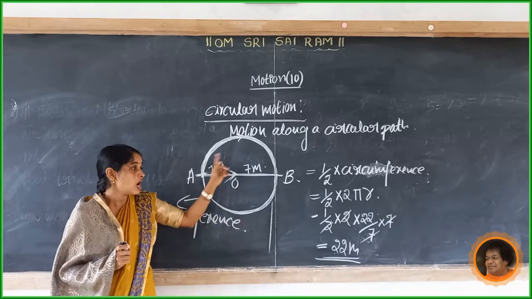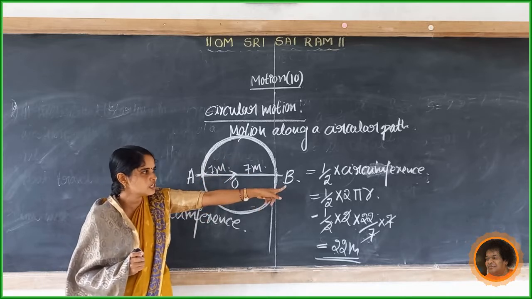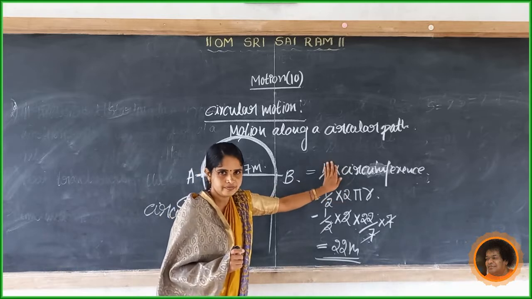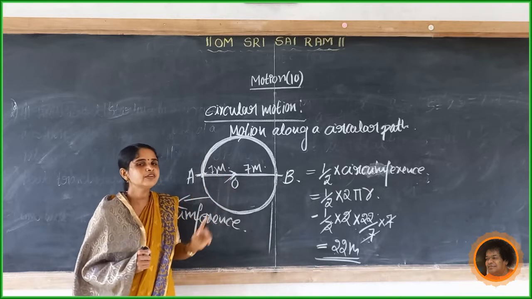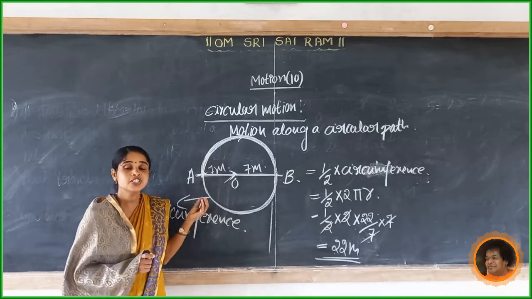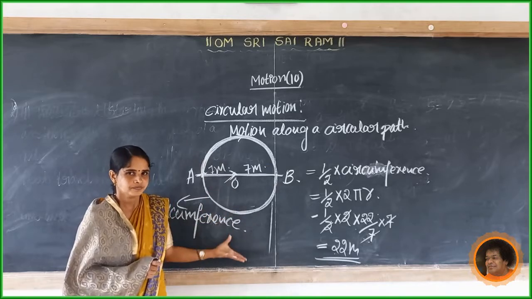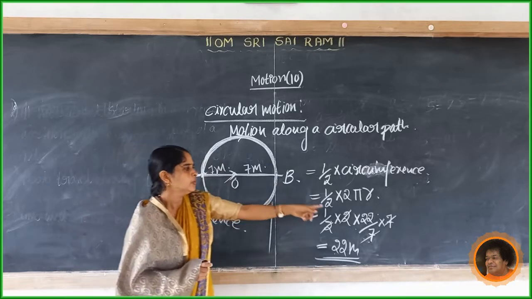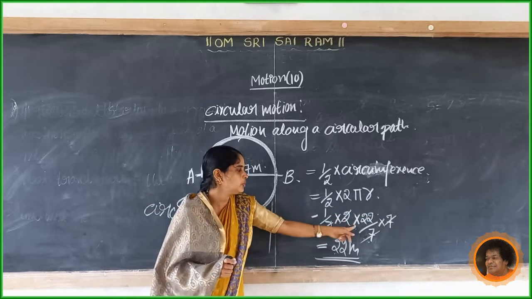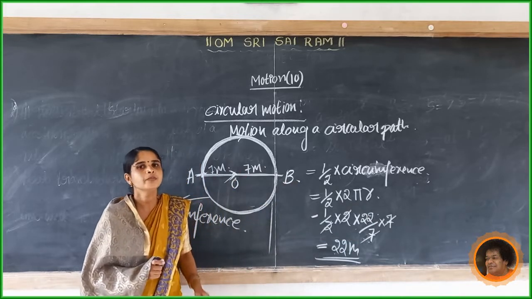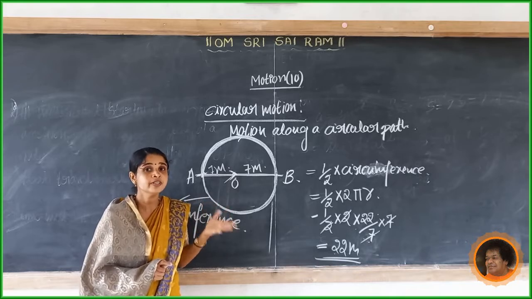If it covers half cycle, then distance traveled is half into circumference. If it covers one full cycle, then distance traveled equals only the circumference. Formula 2 pi r, then 2 into 22 divided by 7 into 7, 7 cancels, 2 into 22 equals 44 meter. It is the distance traveled. Displacement, in this case, becomes 0.